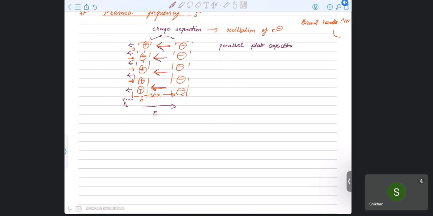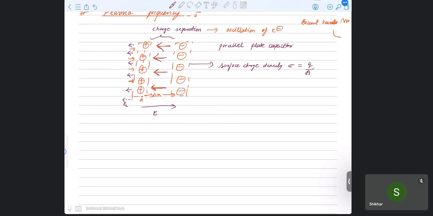So in the parallel plate capacitor, the surface charge density for this electron plate is sigma equal to charge upon area, Q upon A, the area of the plate.